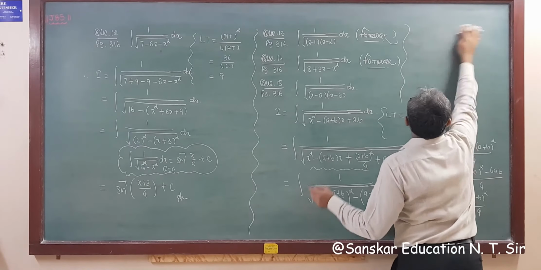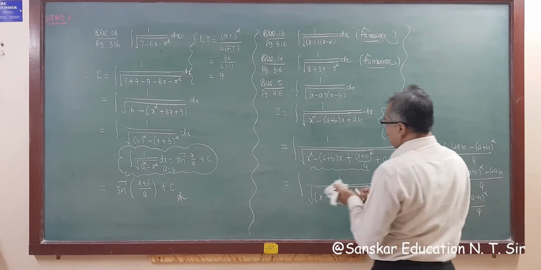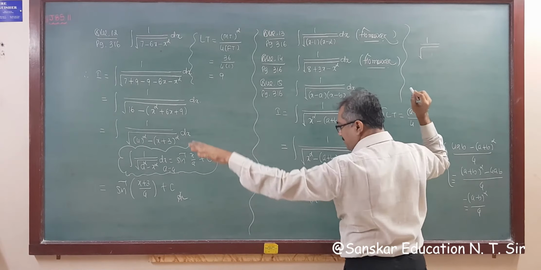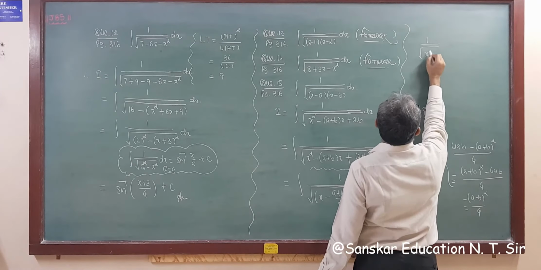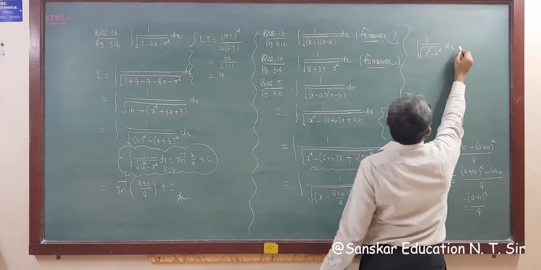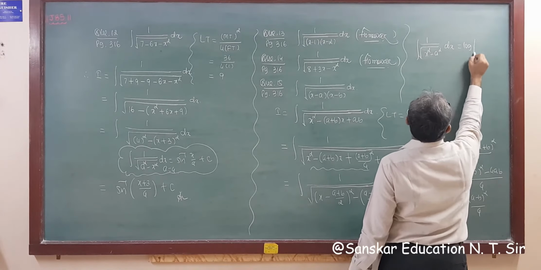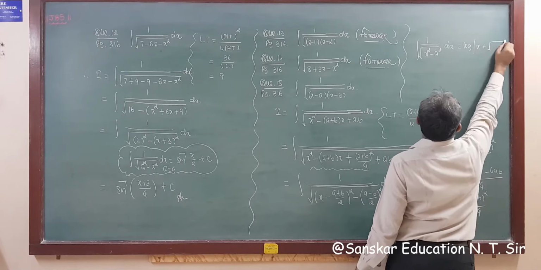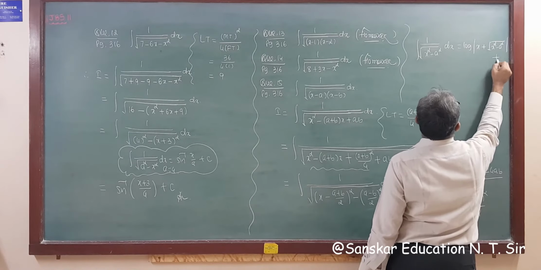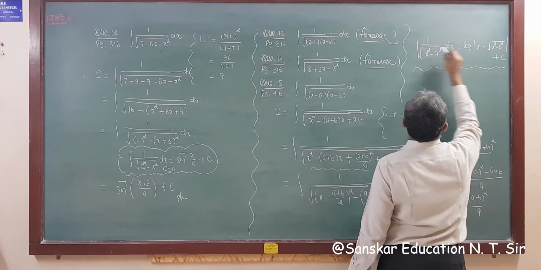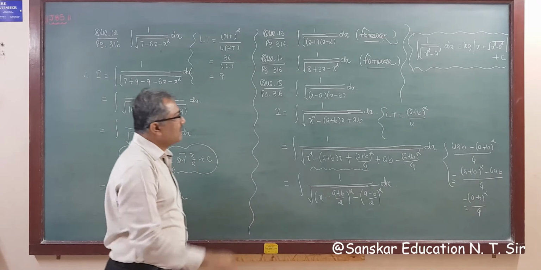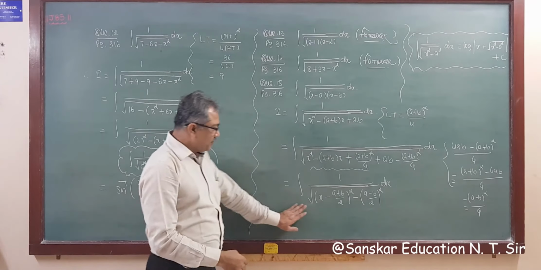So this is your formula: integration 1 upon under root x square minus a square dx. The answer is log mod x plus square root of x square minus a square plus c. So this is the formula that we have to apply. So we are going to apply this formula here. So what is your answer now?